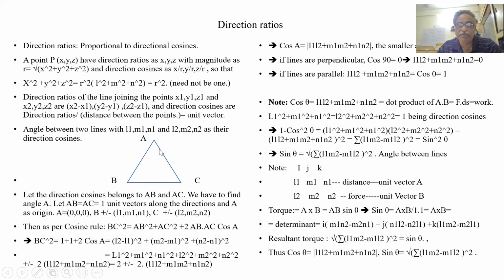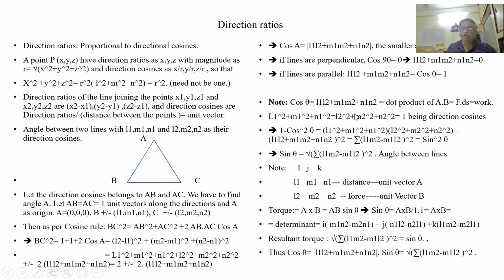When x3 minus x1 by AC, this becomes L2. So we converted coordinates into unit vector coordinates. If the lines are parallel, cos 0 is 1, so L1 L2 plus M1 M2 plus N1 N2 is equal to 1.